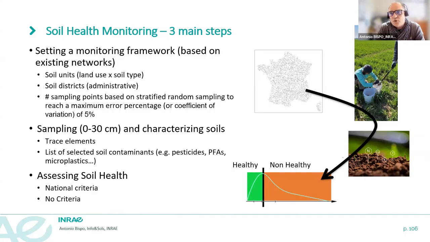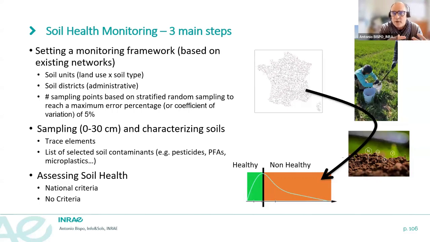The monitoring framework should be based on what are called soil units, which are the crossing of land use and soil types. That's the minimum information needed. Then the report will be made at soil districts that can be administrative boundaries. You can imagine that one district will have several soil units, and you will have to report by soil unit. And so you will need to sample points in all your soil units.